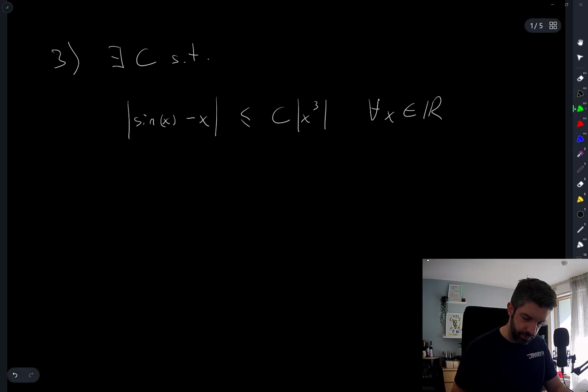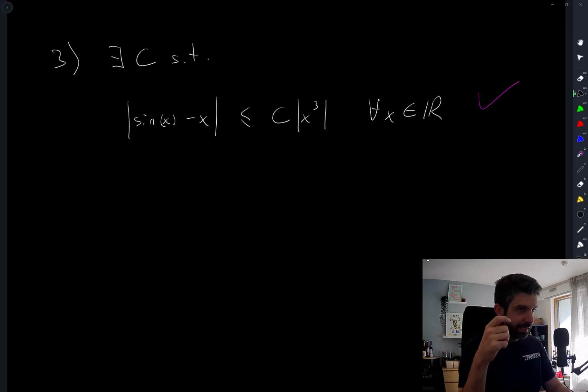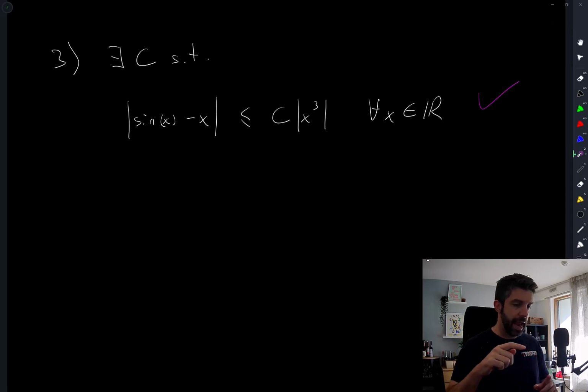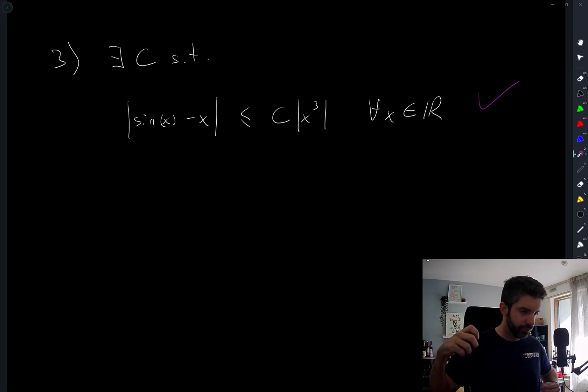This one is going to be correct. I was thinking back in the days when I was learning about Taylor expansions and graphing them on my little handheld calculator. You graph the first order expansion of this, then the third order, fifth order, and so on. And of course, for any fixed order, the error starts to get extremely large as x gets farther away from 0. But that's not what this is asking.